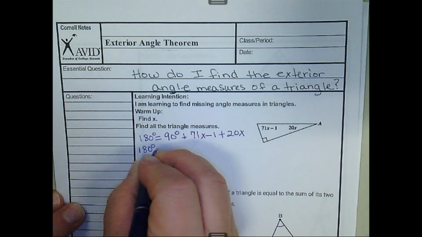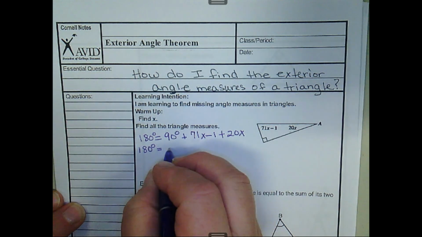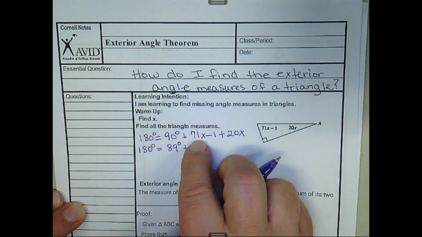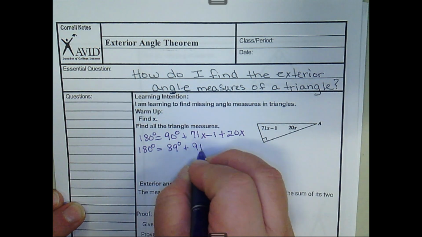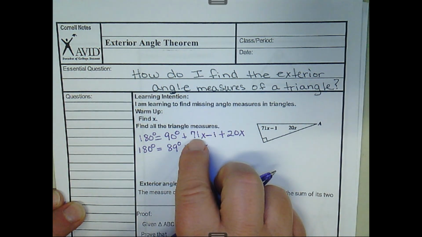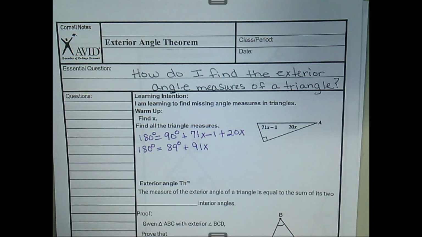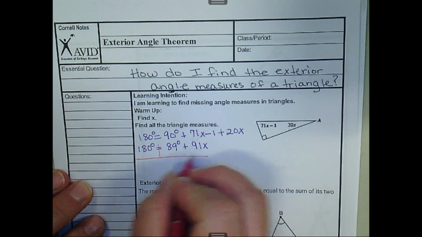180 degrees is equal to 90 minus 1, which is 89 degrees, plus 71x plus 20x is 91x. Now it becomes a matter of algebra. Step 1.